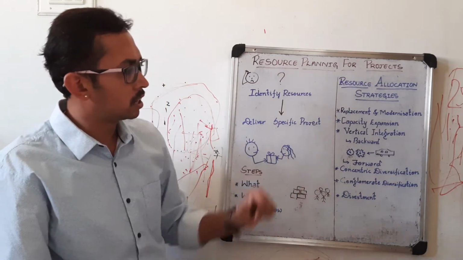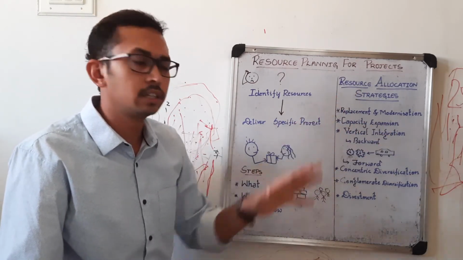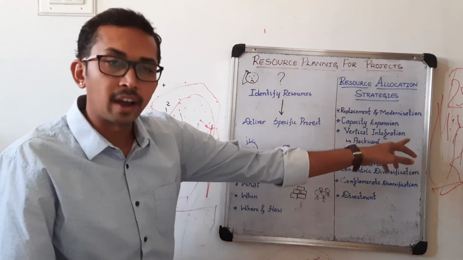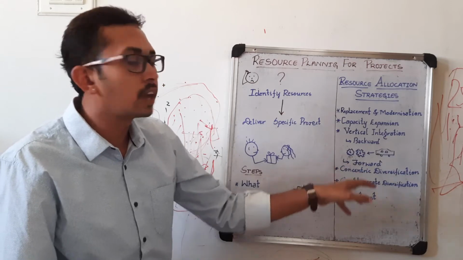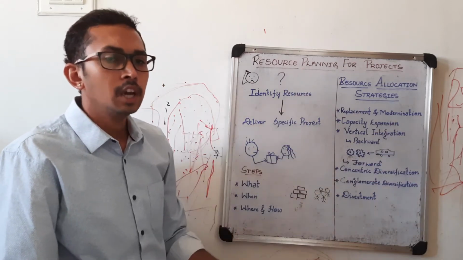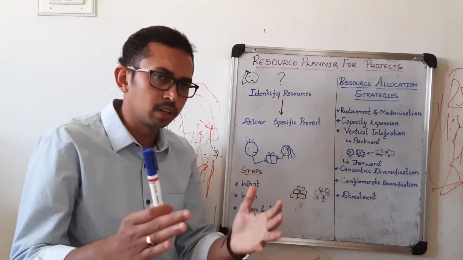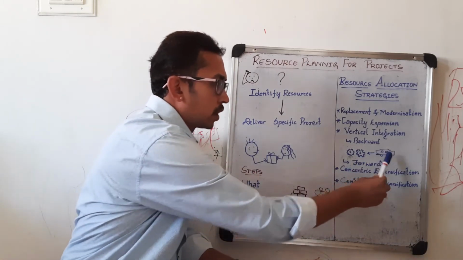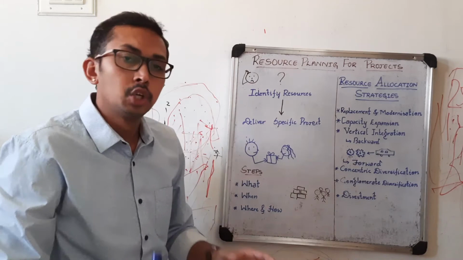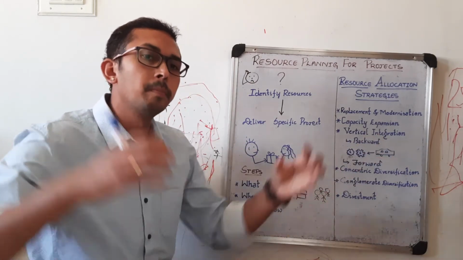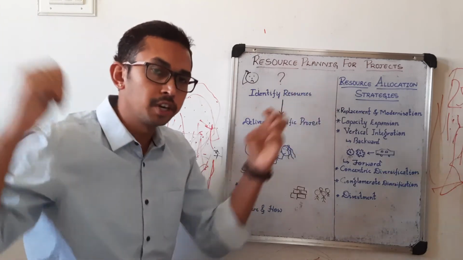So next there is another method called as vertical integration. Under vertical integration we have backward integration as well as forward integration. What is the meaning of backward integration? Suppose there is one company, the company is manufacturing a car. To manufacture the car, that company is going to procure many raw materials from different companies.